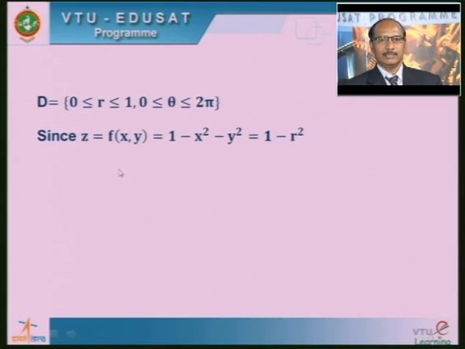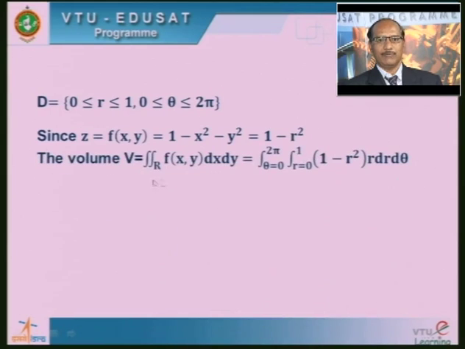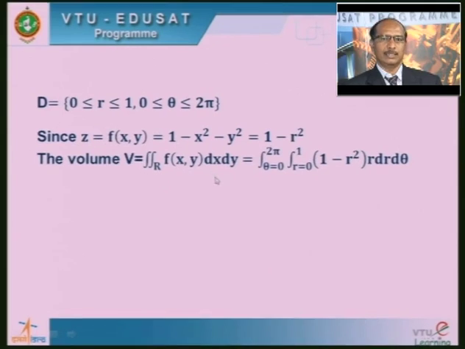Since z is equal to f(x,y), we also convert that into polar coordinates. The paraboloid is 1 minus x square minus y square; substituting x square plus y square equal to r square, this becomes 1 minus r square. Now the volume formula is the double integral over the region of f(x,y) dx dy.